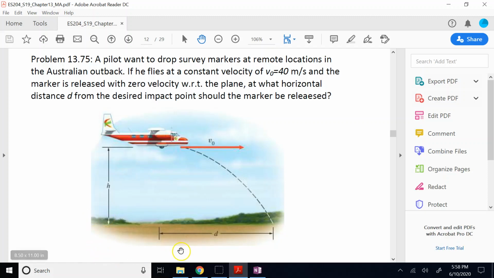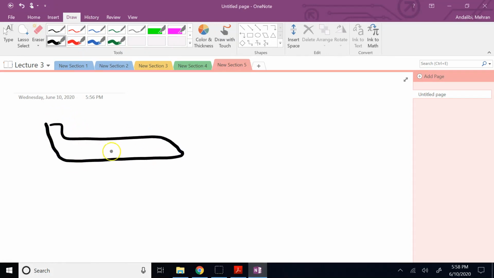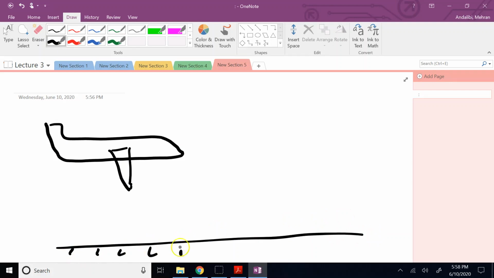Okay, so if we look at this problem together, this is our airplane, and this is the ground. The first thing we need is to set up the coordinate system.